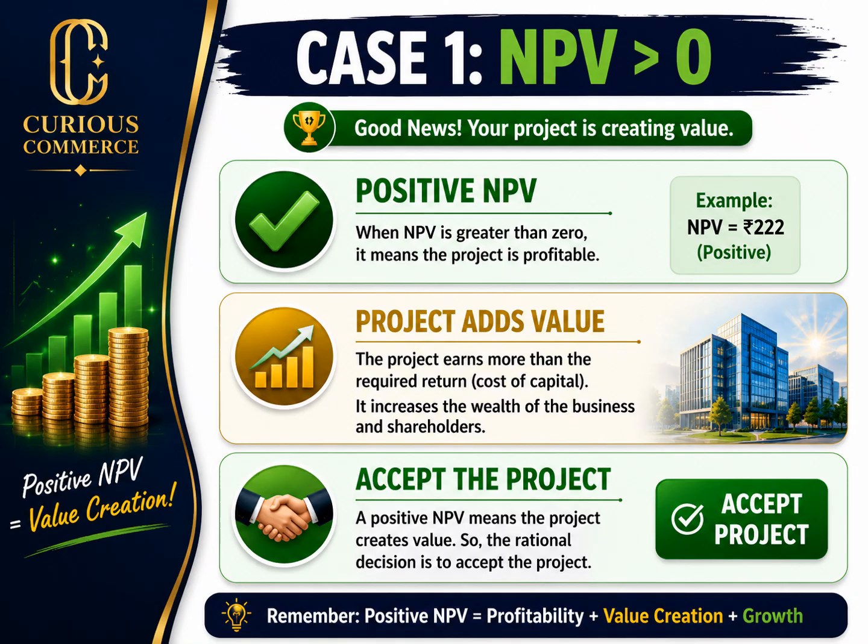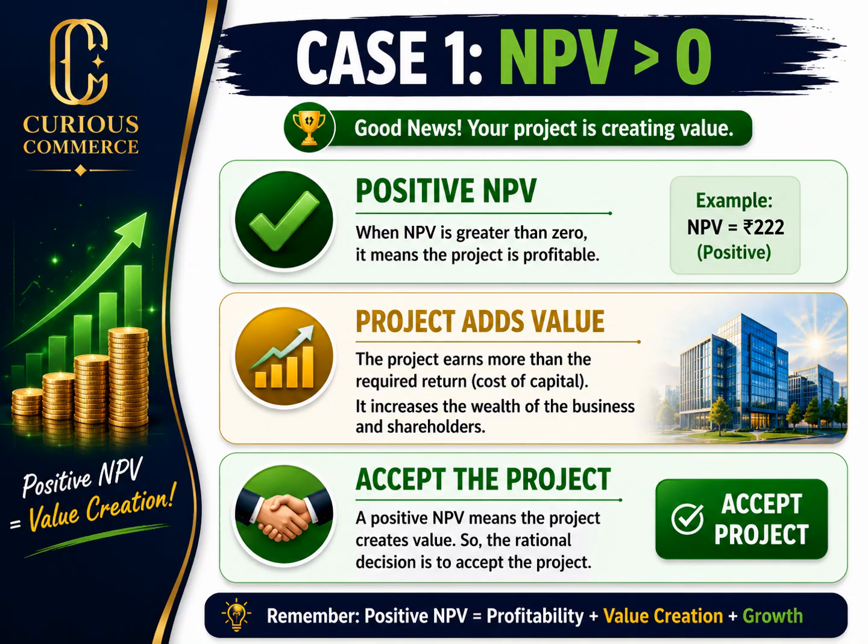This is one of the most important principles in capital budgeting. Managers generally prefer projects that create value because the value creation supports long term business growth and shareholders' interest. Since the NPV is positive, the project should be accepted.